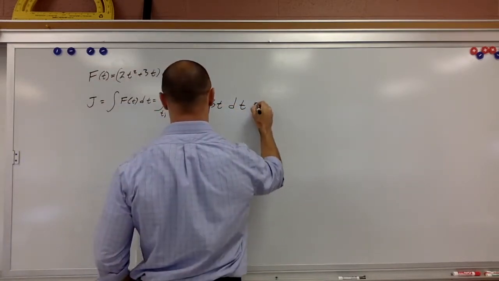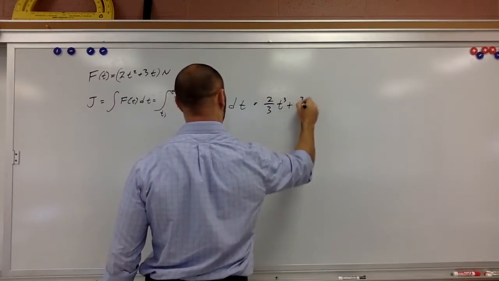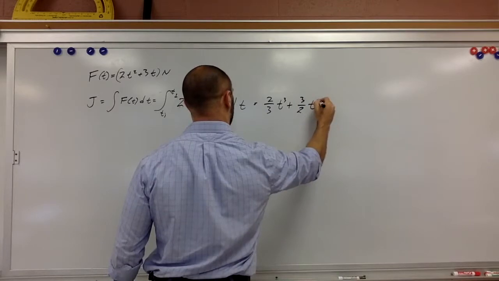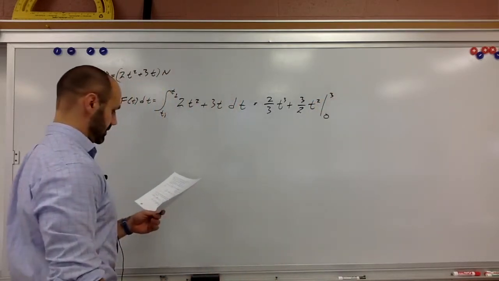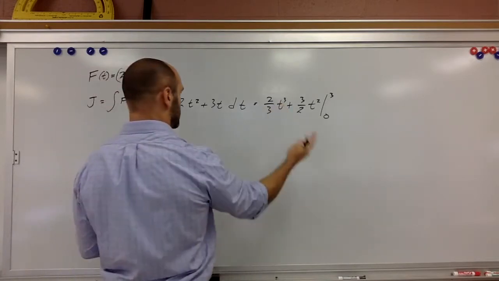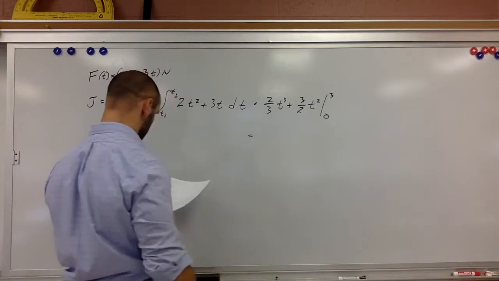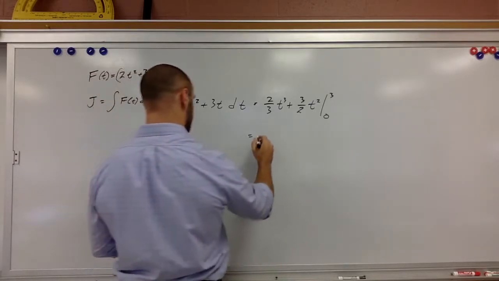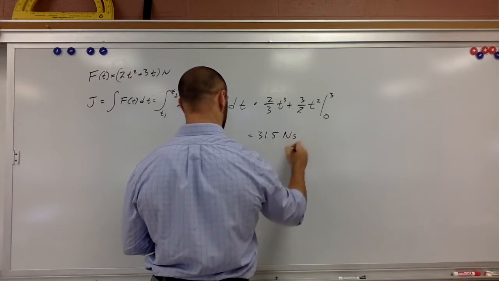All right, so this is going to be 2 over 3 t cubed plus 3 over 2 t squared from 0 to 3 seconds, which is the time given to us. So we plug these numbers in, and I want you to go through it, take your time, but when you plug the numbers in, you should get about 31.5 Newton seconds.